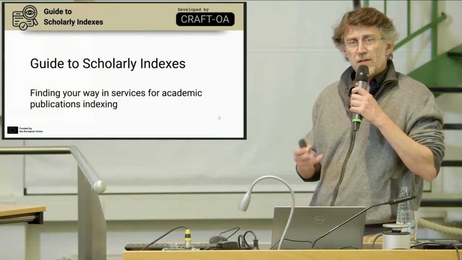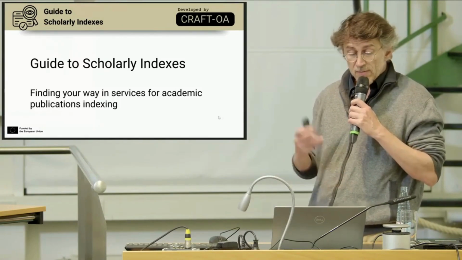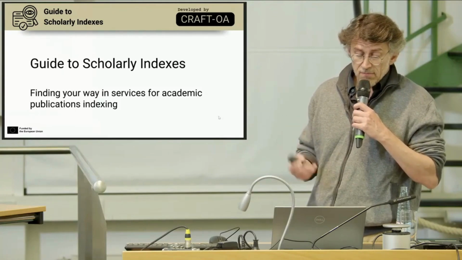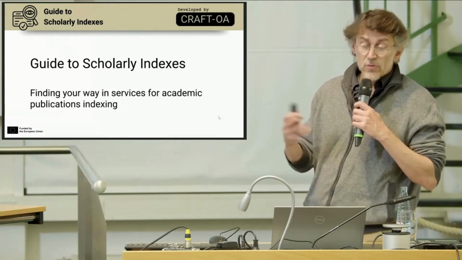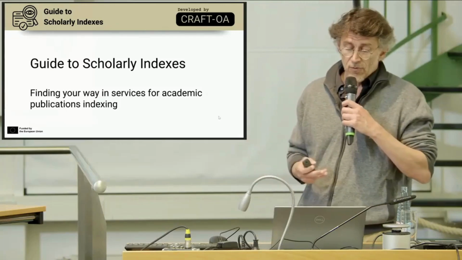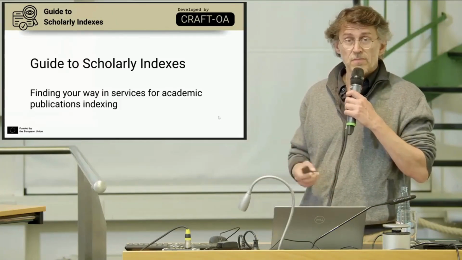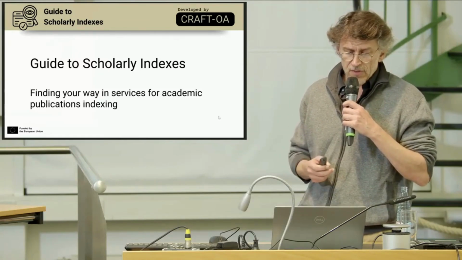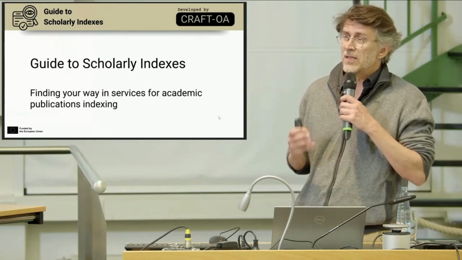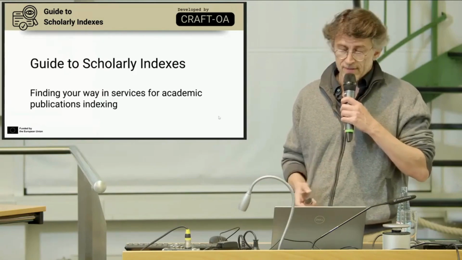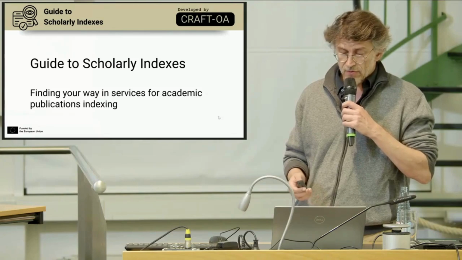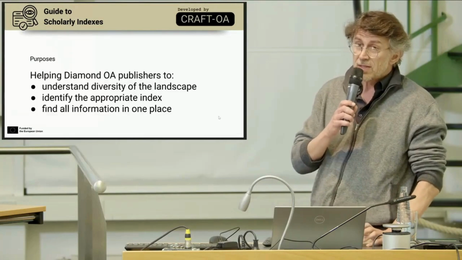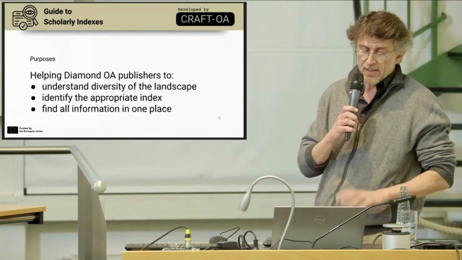It's mostly the Diamond Open Access publishers obviously, but it can also be publishing services, to help you find your way in all these services that reference academic publications, because as you know, they have many different requirements, many conditions, and a very diverse level of information given to their users.